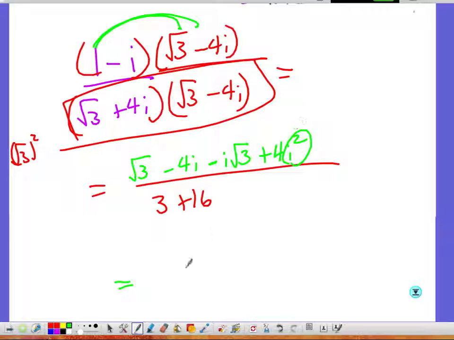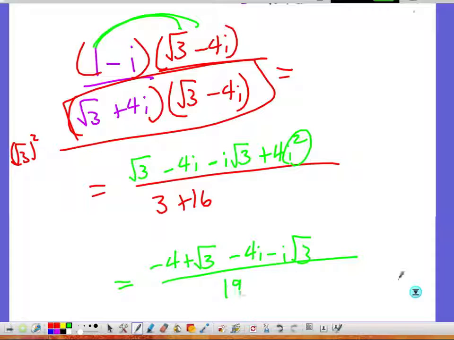This becomes -1, so we have -4. So -4 plus square root of 3, and then we have -4i minus i square root of 3, all over 3 plus 16, which is 19.